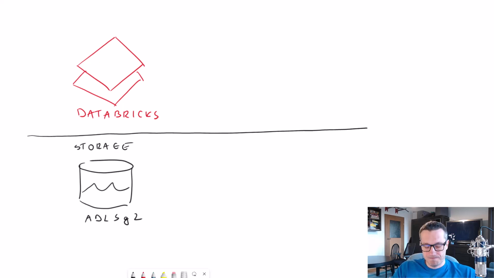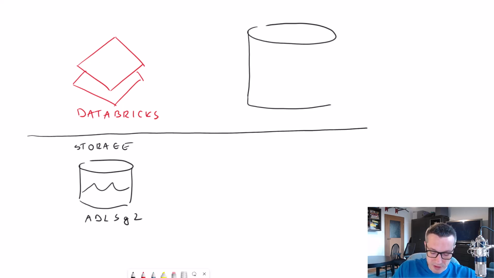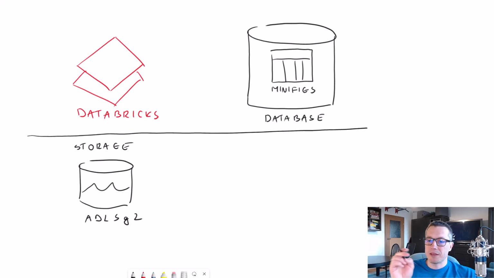And what we did was to create a database first. So this is a database. And inside this database, we created a table, this minifix table. But a very important thing to remember is that the data is not stored somewhere in Databricks.